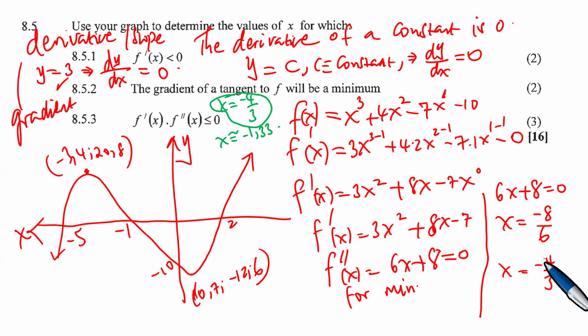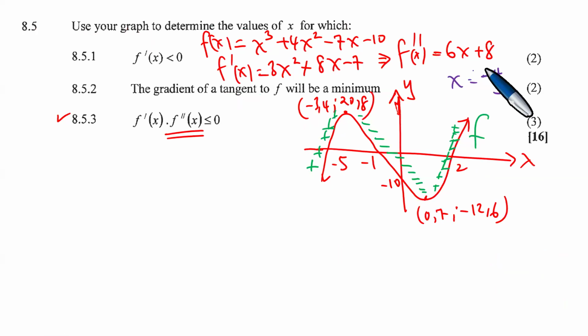It is -4/3 here. So x is -4/3, which is -1 decimal comma 3. So it's sitting here.